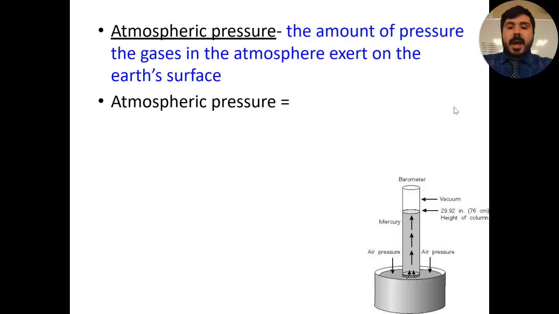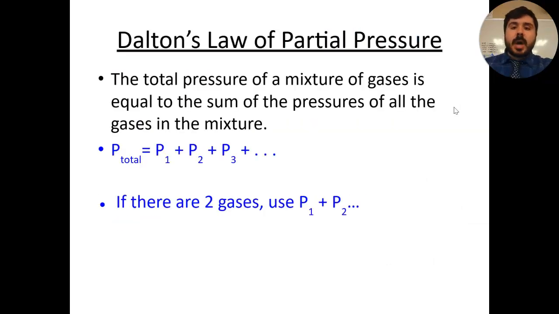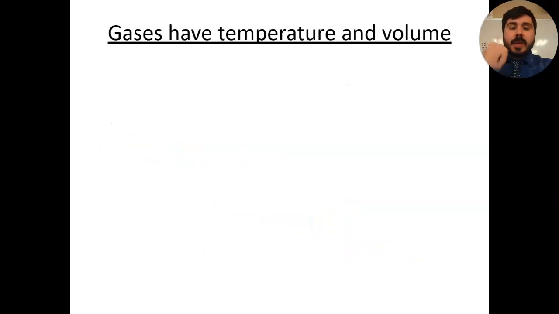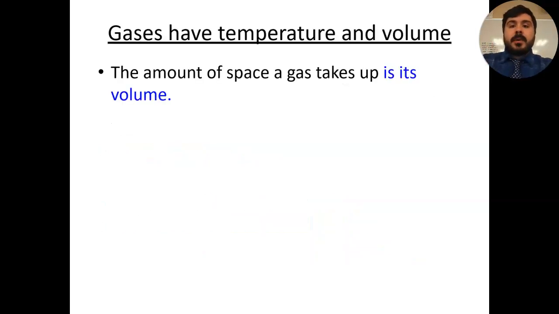So let's make our way back to where we were talking about gases having pressure, but also having temperature and volume. The amount of space a gas takes up is its volume. So depending on how big a container you've got with a gas in it, the volume of that container is going to be the volume of that gas, because as we know, gases take the volume of their container.